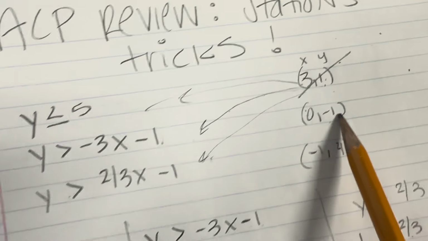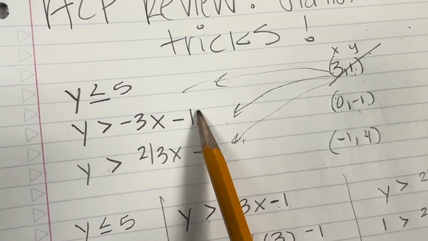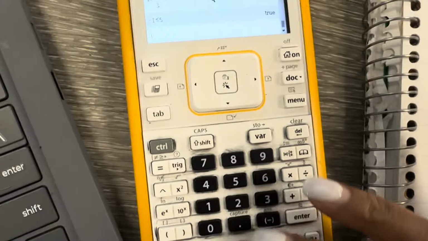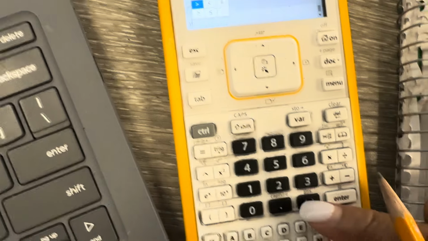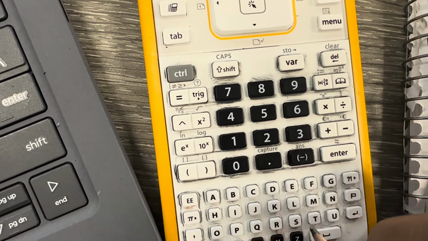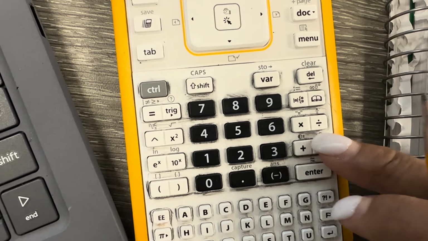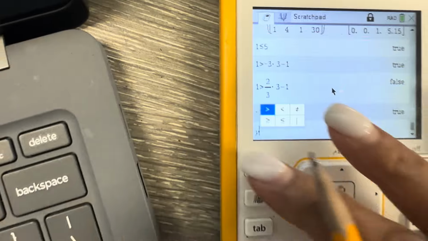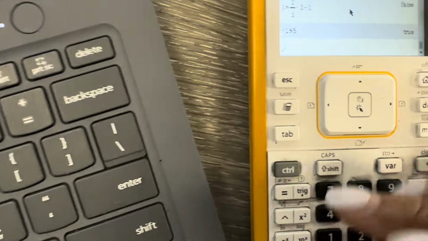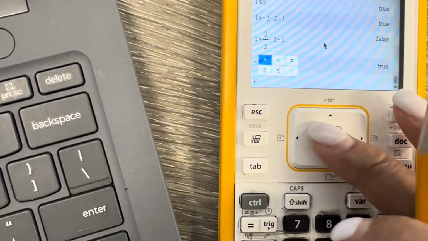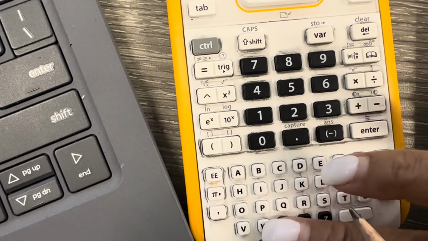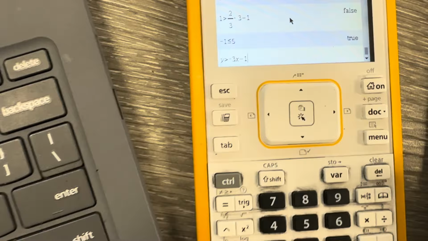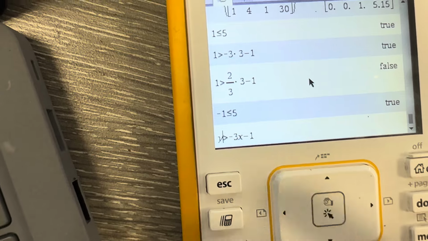Now plug that point into the second one. Y. So make sure you put y is greater, control equal. Negative is here. Negative 3x. Minus is right here. 1. Oh, what happened? Y is greater than, control equal, greater. Oh, yeah. There we go. Negative 3x minus 1. Then go back and delete your y.